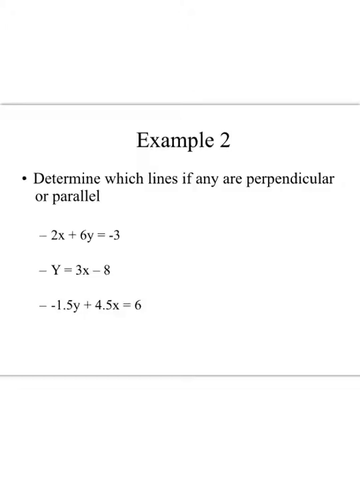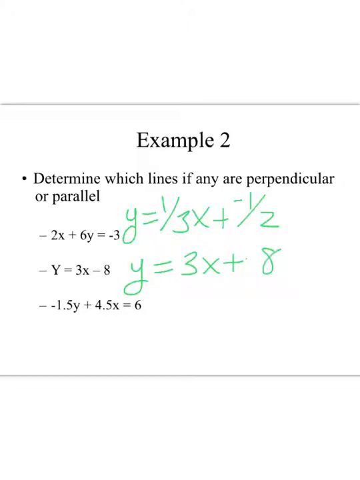So now that you've had a chance, let's work them out together and write them in slope-intercept form. So y equals 1/3 x plus negative 1/2. Here I have y equaling 3x plus negative 8. And for the last one, so I'm going to have negative 4.5.